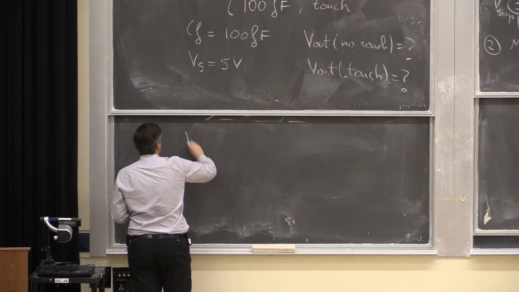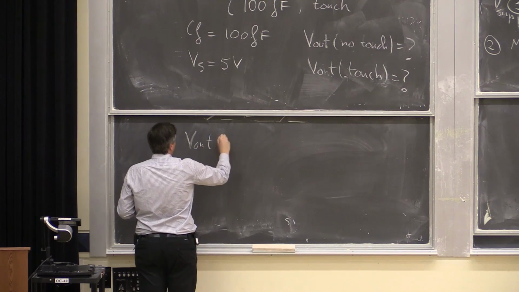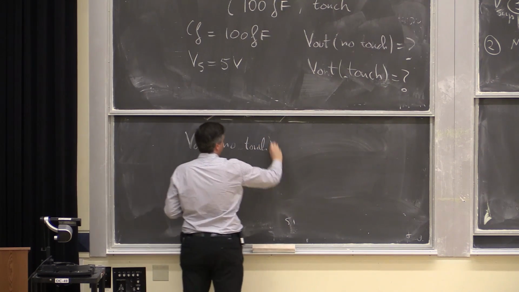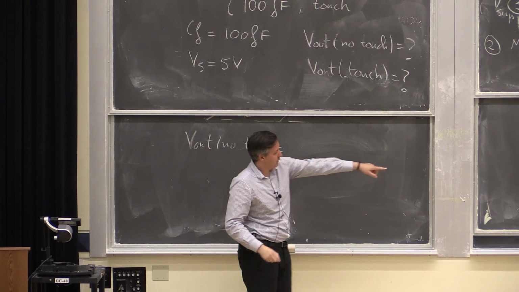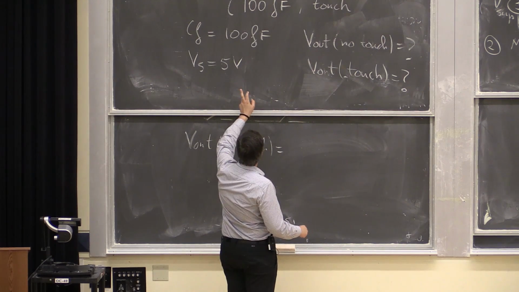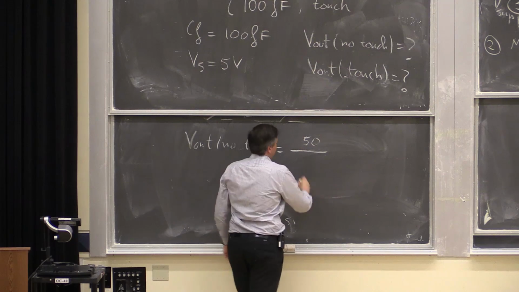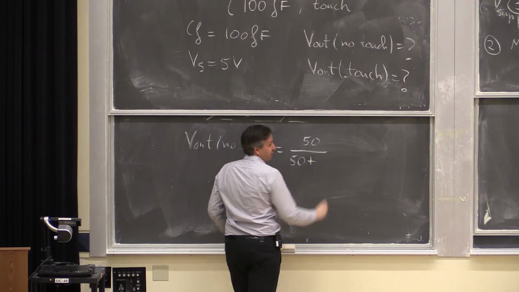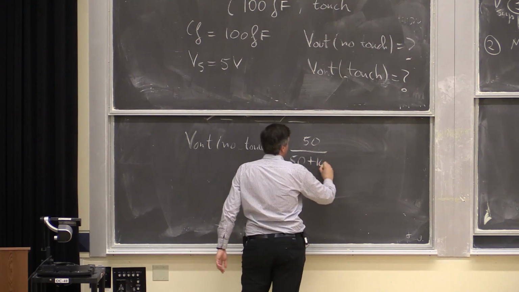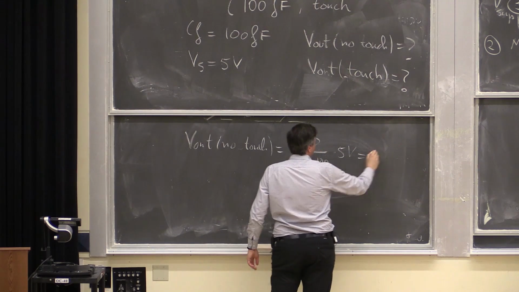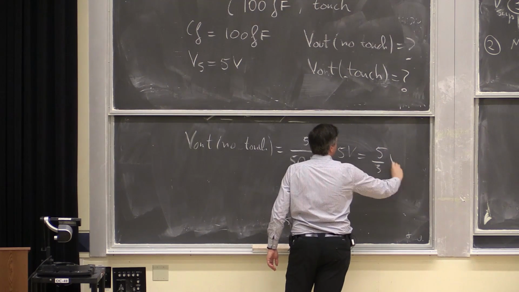Okay, so V out, no touch, will be equal, so CS with no touch is 50, right? Over 50 plus the fixed is 100, right? And then times 5 volts. So that's 5/3 of a volt.